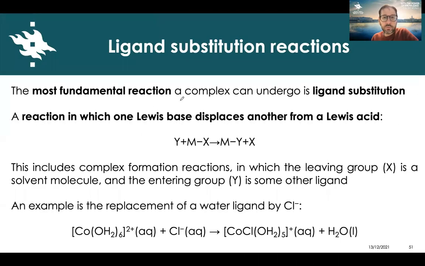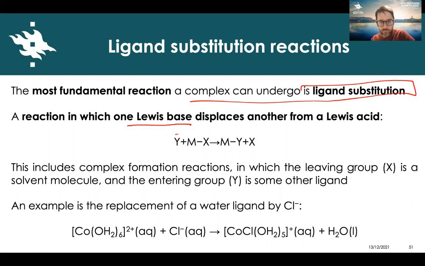So the most fundamental reaction that a complex undergoes is ligand substitution, which is a reaction in which one ligand displaces another. So a reaction in which one Lewis base displaces another Lewis base from a Lewis acid.